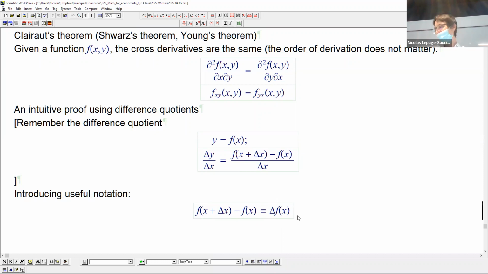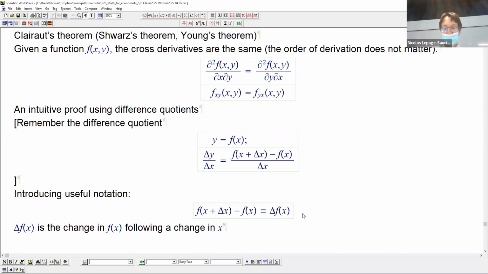Okay. So this is with one variable. It is the change following a change in x. Okay, and now imagine we have a function of two variables.